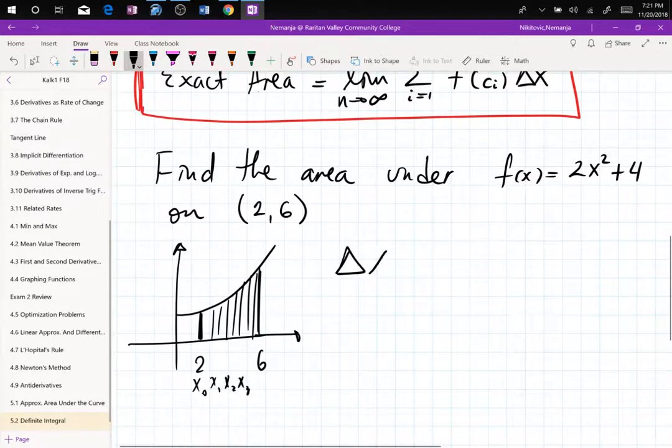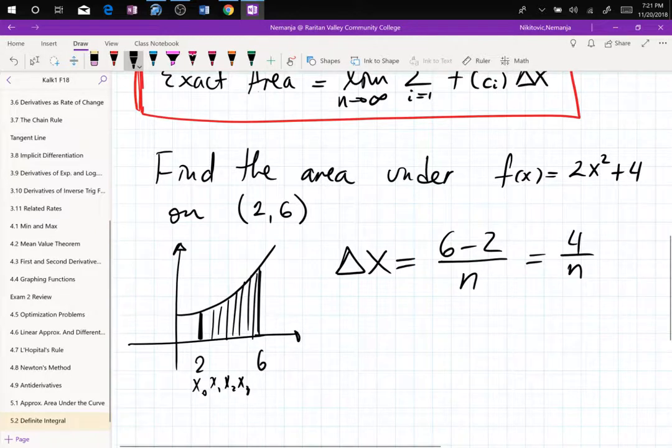We can calculate delta x right away as 6 minus 2 over n, because we are going to use infinitely many n, so just leave it. And we get 4 over n. So that is our delta x.